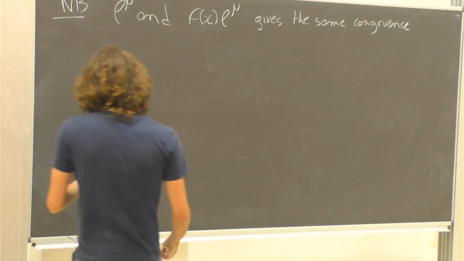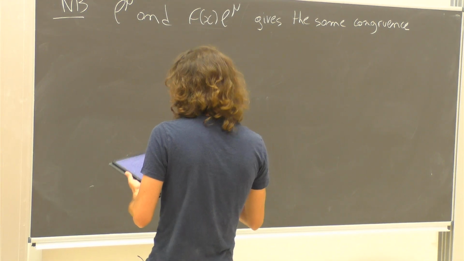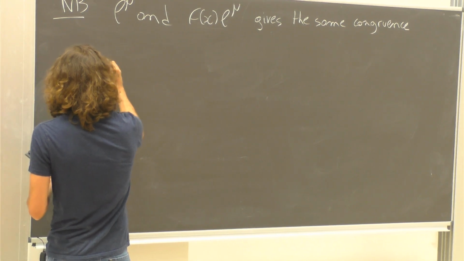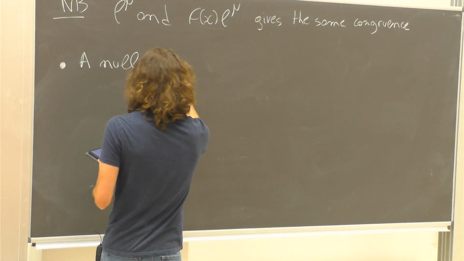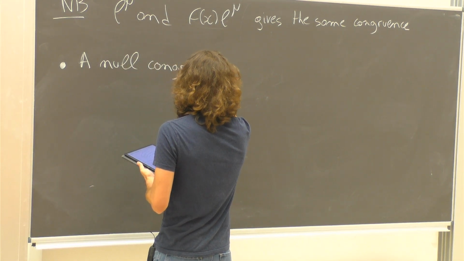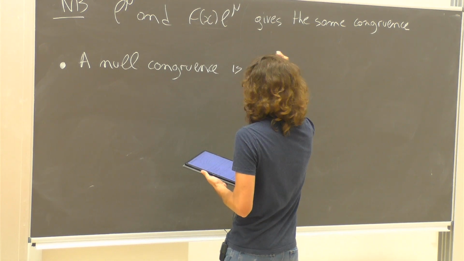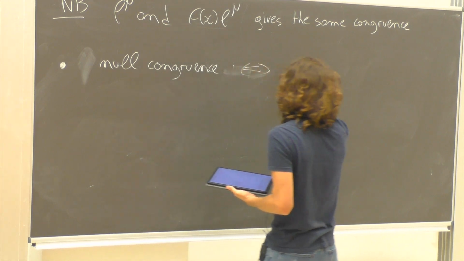So then we have an obvious definition. A null congruence, so null congruence means that the vector field is null.